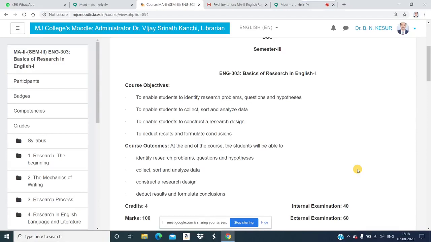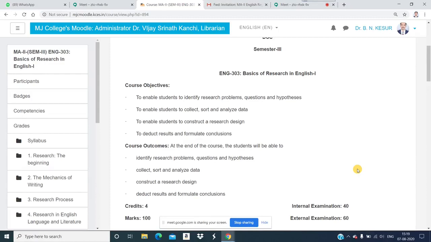If you look at these objectives and outcomes, you will get the idea that through this course we will try to understand what research is, what techniques are used for research in English, what methodologies can be used, and what the procedure of research is. How is the researcher expected to start the study? He has to identify the research problems, questions, or hypotheses.